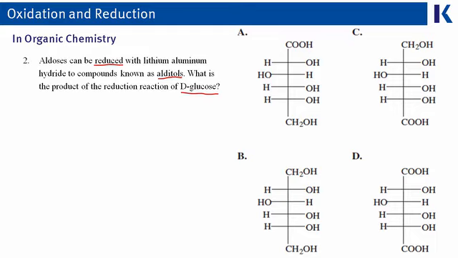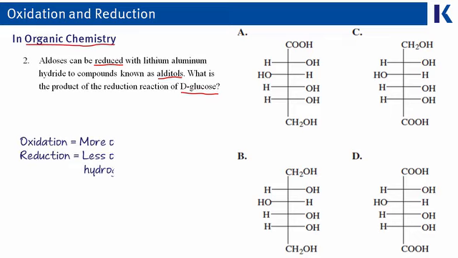That's why when you see oxidation and reduction in organic chemistry, you will more likely want to think of it as oxidation being more bonds to oxygen and reduction being less bonds to oxygen and usually more bonds to hydrogen instead. Based on that logic, which of these answers is probably correct for this question?